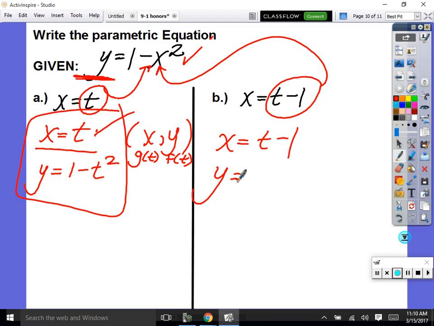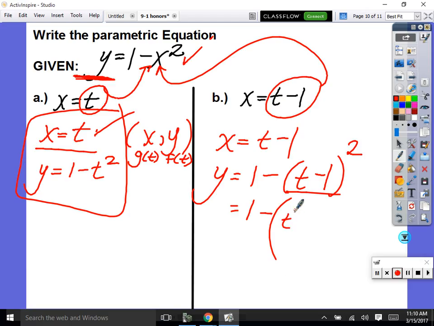Yeah. Got it. Okay, so now let's do the algebra correctly. 1 minus parentheses, t minus 1 squared. Now I'm not going to break the forbidden rule because I'm subtracting all that stuff, so I need parentheses. If I double distribute that out, t squared minus 2t plus 1.